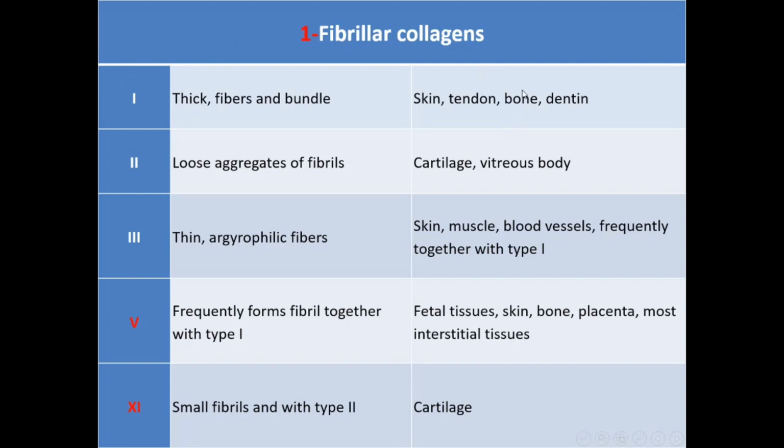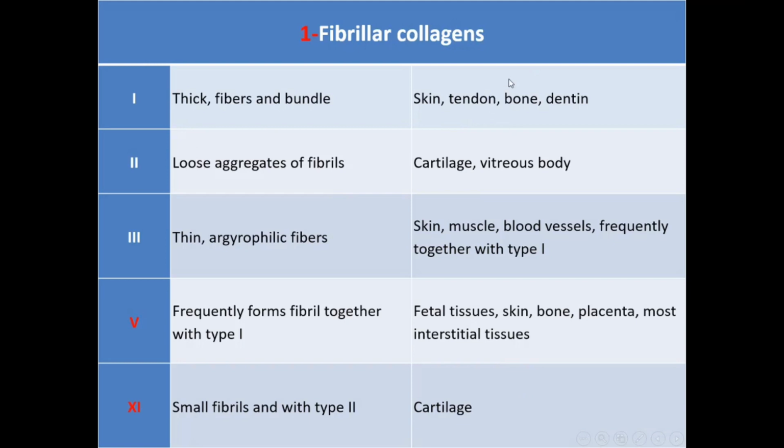And in this column you can see the distribution of this collagen in our body. For example, we have collagen type 1 in our skin, bone, tendon, and also our dentin. Collagen 2 we have in our vitreous body and our cartilage. Collagen 3 we have in our skin, muscle, blood vessels, and so on. So you should know the name of the collagen and the site of distribution of this collagen.